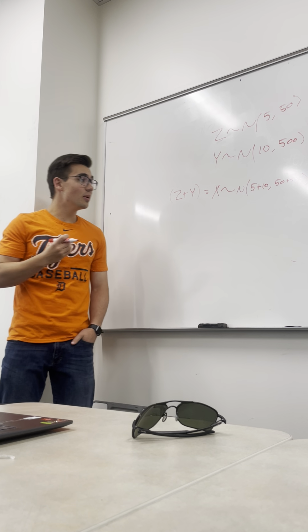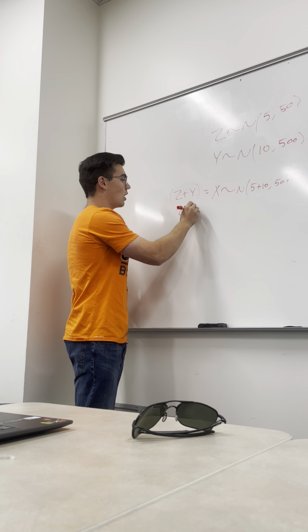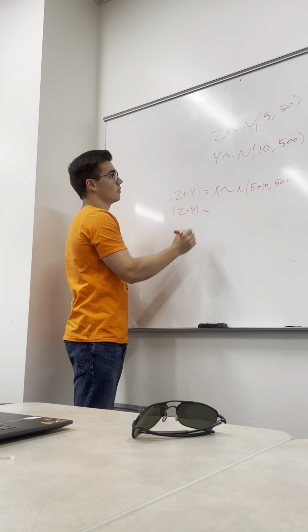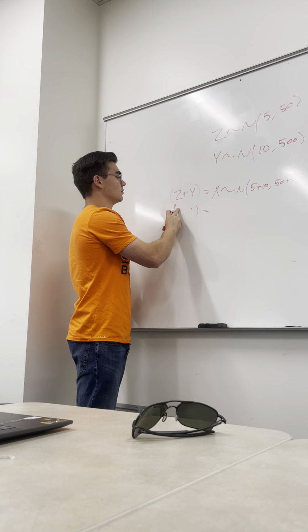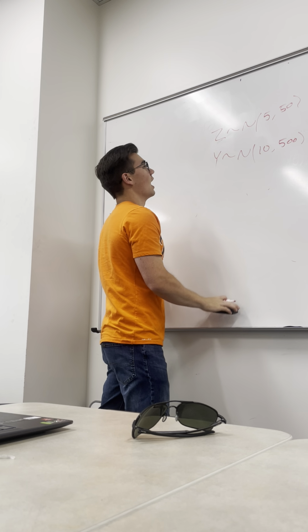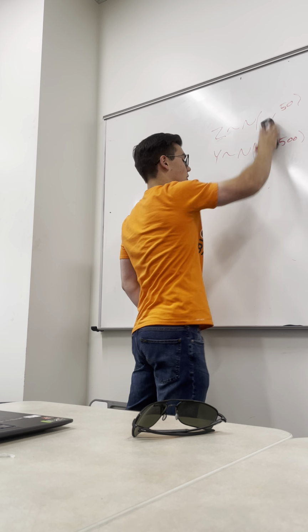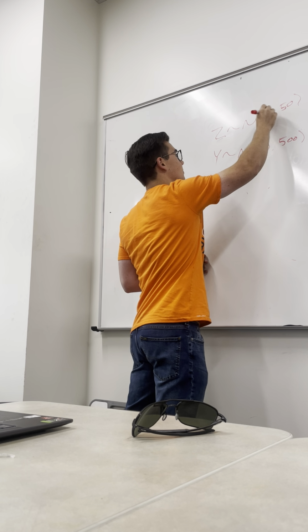This can get a little bit more tricky if we do other things. If I subtract y from z, actually I'm going to make some alterations to our variables here. I'm going to change z's mean to be 20.